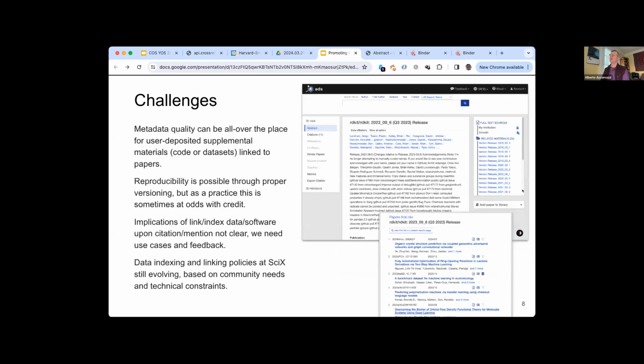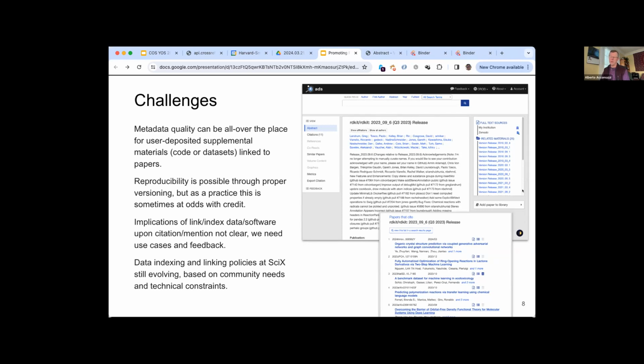Here was my summary. Some of the challenges we discover when we actually do all this text mining are that the quality of the metadata we get by ingesting and creating records is all over the map.